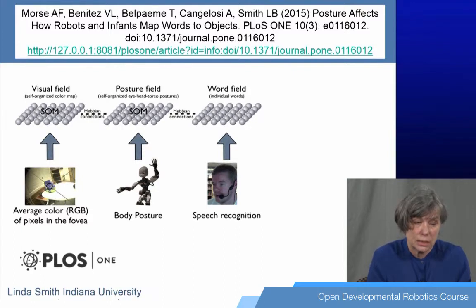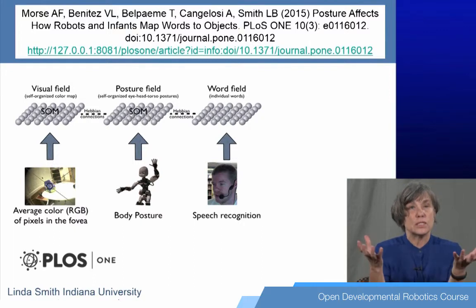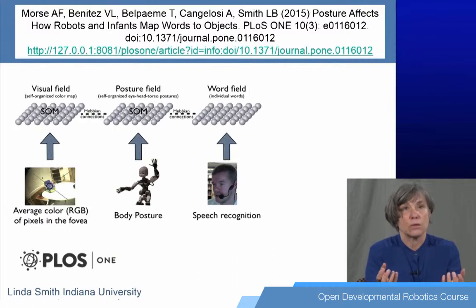And Toni Morse's idea was that perhaps the reason why where the object was mattered was because these young learners linked the site of the object with its name through their own body's disposition in space.